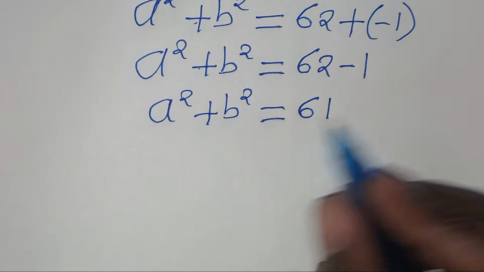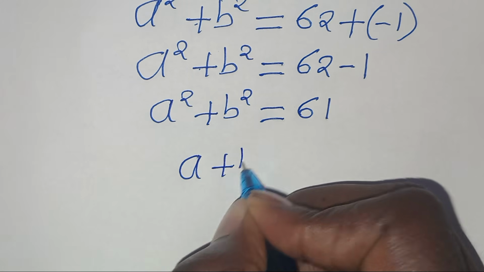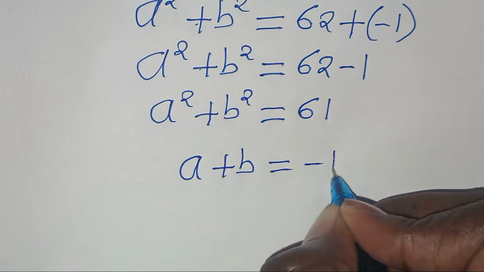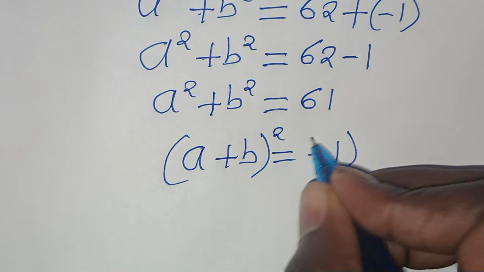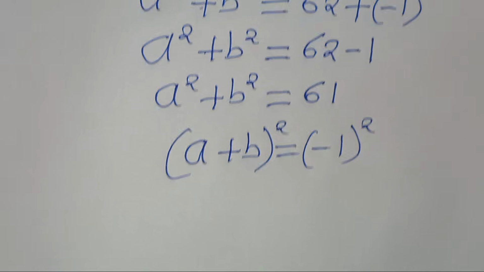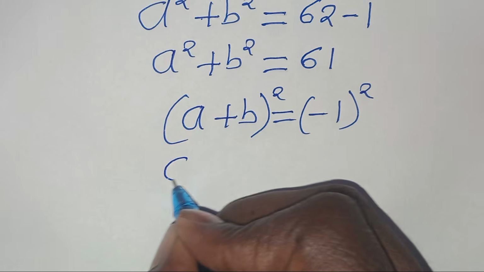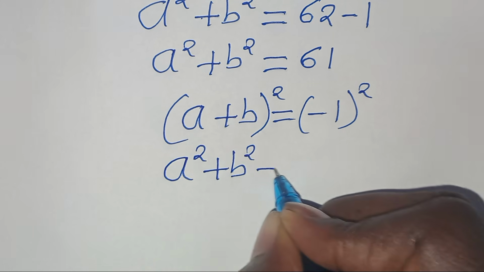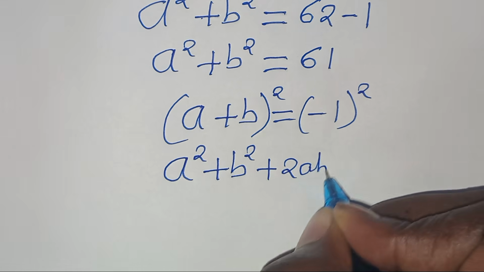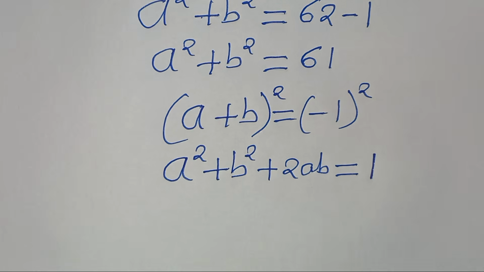Now the next step from here, we have from equation 3, a plus b is equal to -1. Let's square both sides so that now we have a plus b to the power of 2. Let's expand this. This is a squared plus b squared plus 2 times ab, equal to negative 1 squared, which is 1.